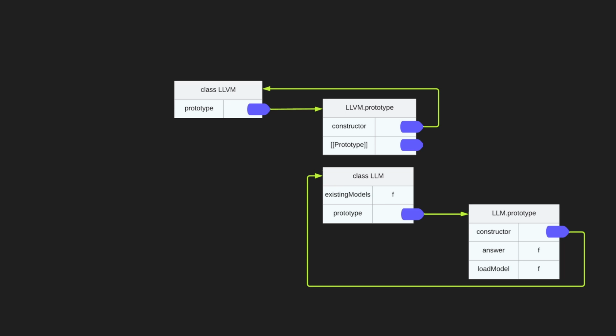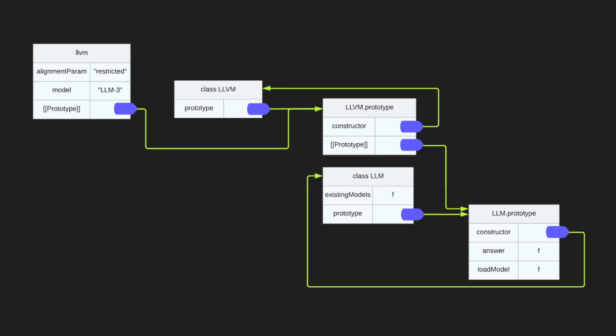We also noticed that its internal prototype is a reference to LLM.prototype. So when we created the object LLVM, the constructor of LLM created the properties alignment, param, and model, and its prototype was set to a reference to LLVM.prototype. This mechanism of prototypes is what allows us to use methods and properties defined in the base class LLM.